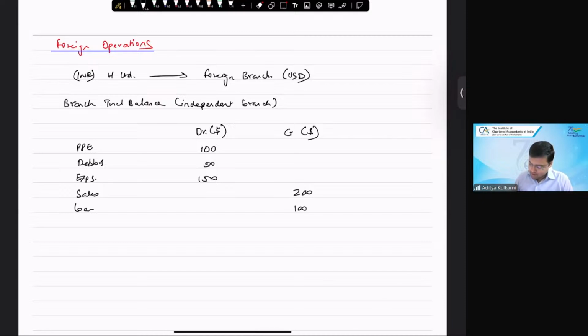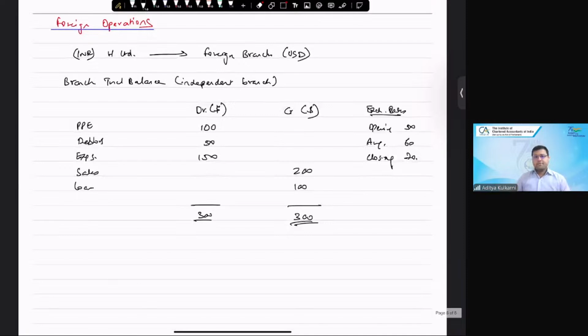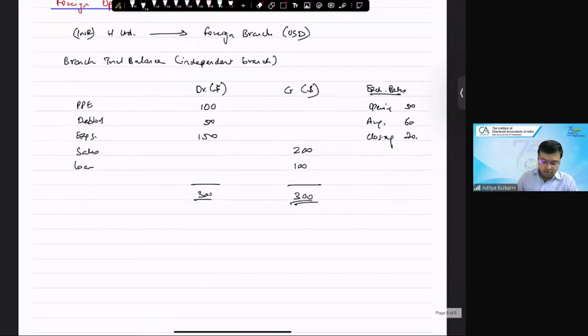So this comes to 300, 300. My exchange rates are opening 50, average 60, closing 70. So these are your exchange rates: opening, average, and closing.